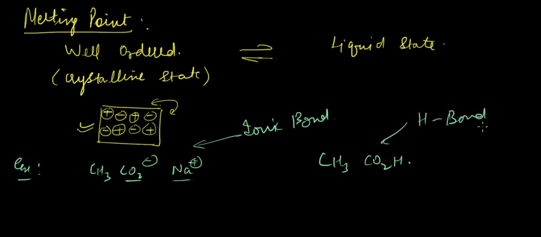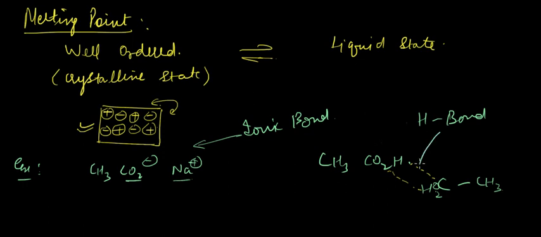How? Between two molecules of acetic acid, or ethanoic acid, hydrogen bonding is present between this oxygen and this hydrogen, and this oxygen and this hydrogen.